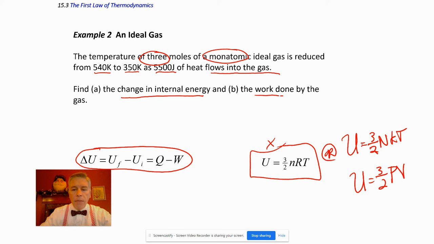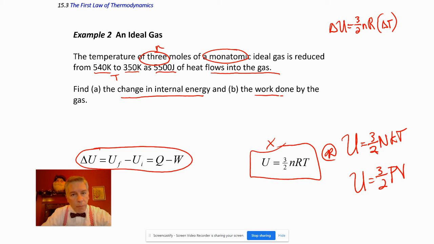And so I have n, I have T's, and I'm trying to find the change in internal energy. So the change in internal energy would be 3/2 your number of moles times the ideal gas law constant, times your change in temperature.